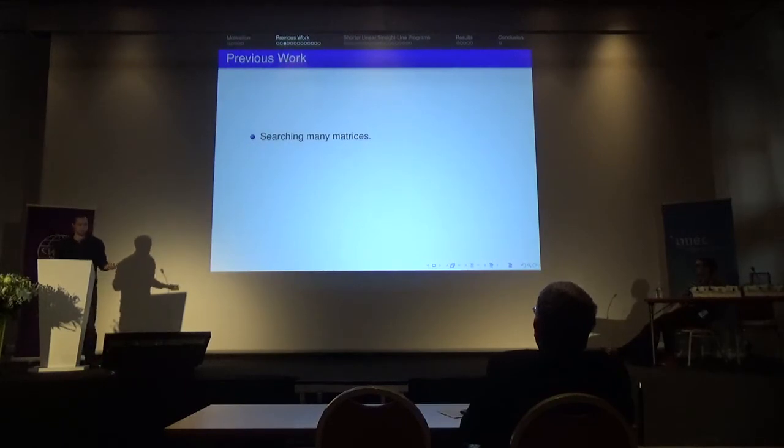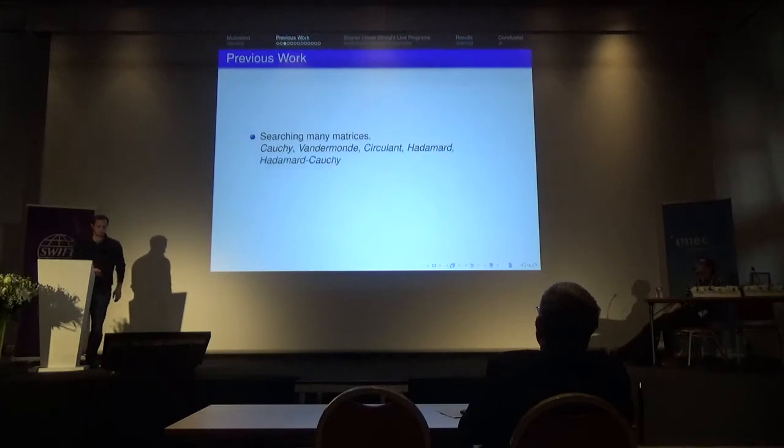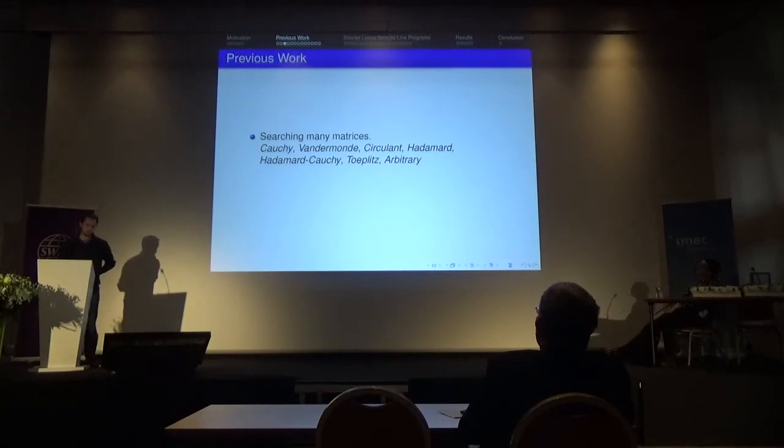So they have taken typical matrices that are either by construction MDS or that tend to be MDS with higher likelihood. So, for example, Cauchy, Vandermonde, and so on. All this has been done in this work, or also arbitrary matrices, meaning no specific structure. And basically searching as many matrices as possible and trying to find the one with the lowest XOR count.